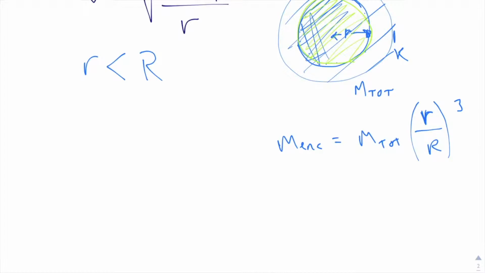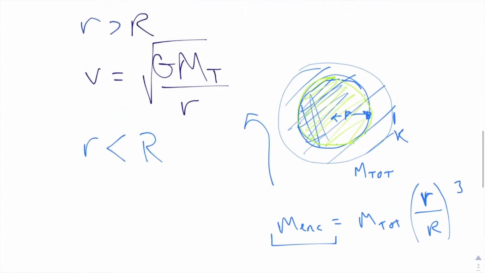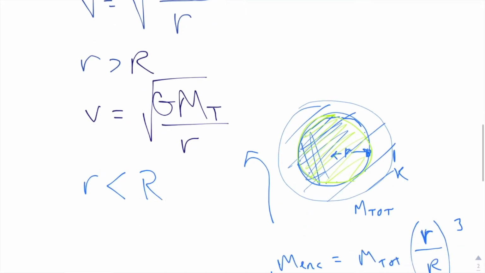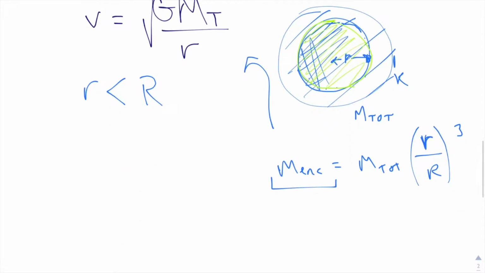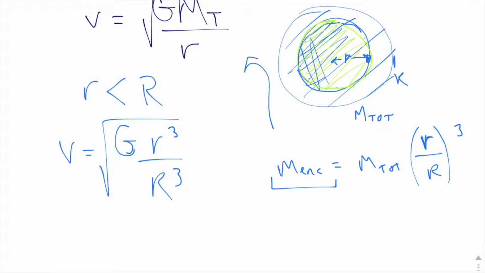So if we plug this in for M enclosed up here, we'll get that for r less than big R, v equals the square root of G times little r cubed over big R cubed, divided by r.